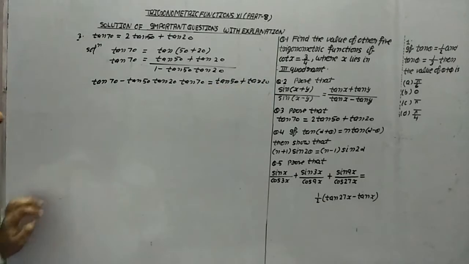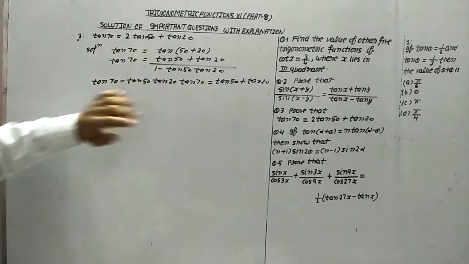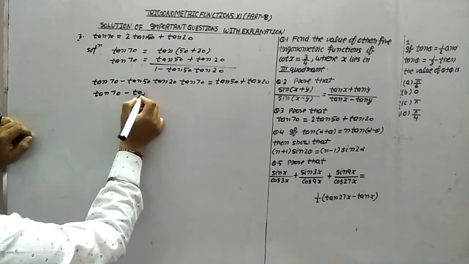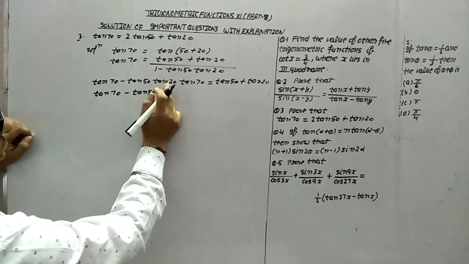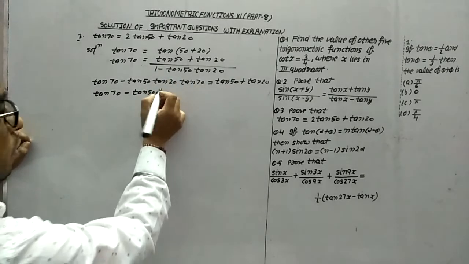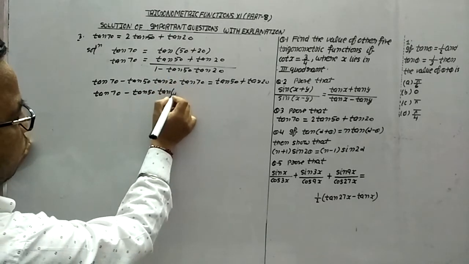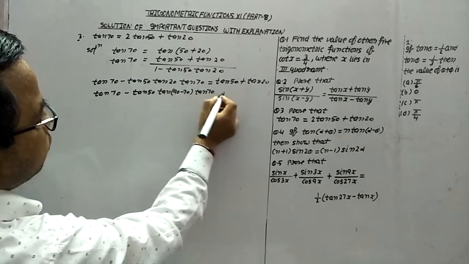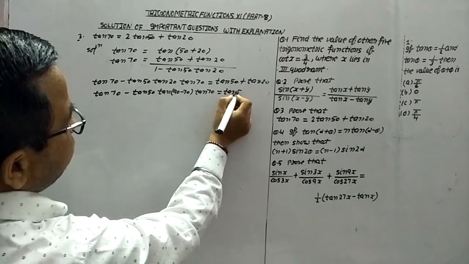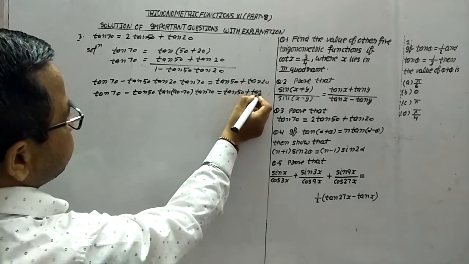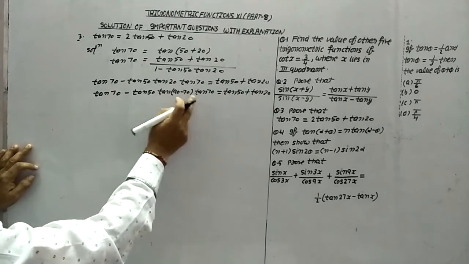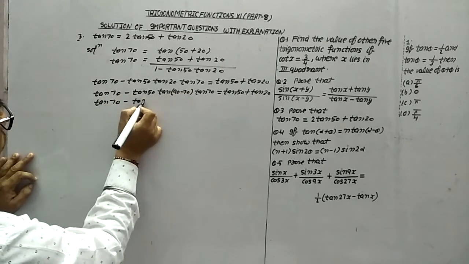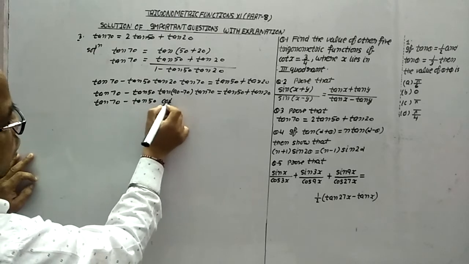Now what are we observing? We want 2 tan 50. So this is tan 70 as it is, minus tan 50 and tan 20, and 20 plus 70 is 90, so we will apply the identity here. We can write 20 as 90 minus 70. Now tan(90 minus theta) is equal to cot theta, so tan 20 is cot 70.